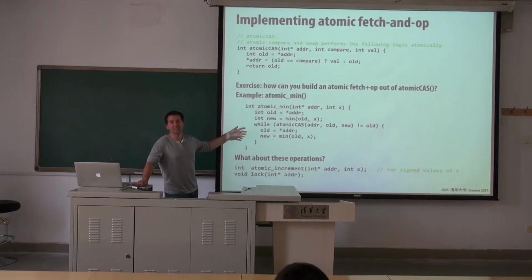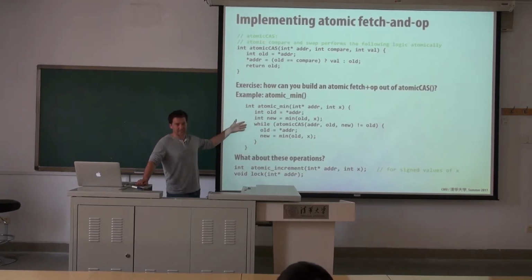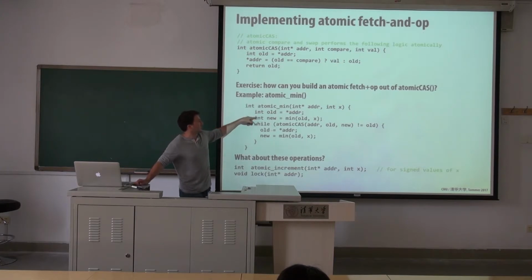So everybody sees, so we can all see the answer here. But I think what's more important is how does it actually work? What's the main idea here? Why is this a valid atomic min? So I start by just computing the min.